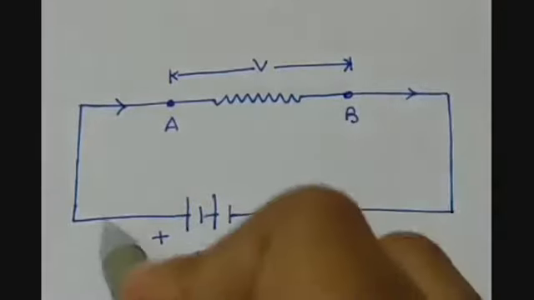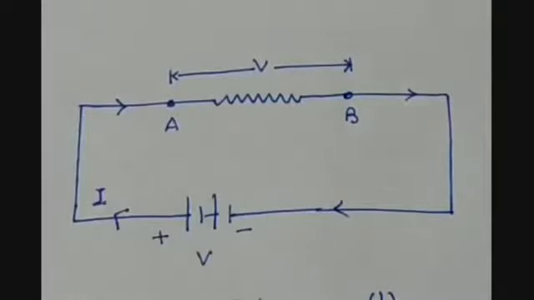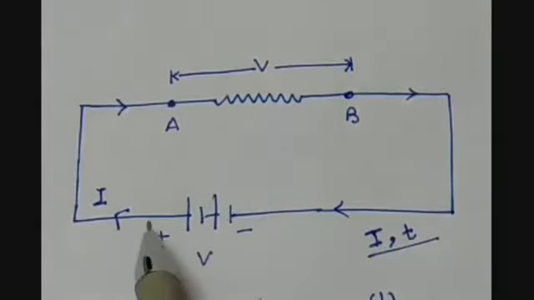Let I current be flowing through the circuit for T time. Let's say Q charge is flowing to maintain the I current.